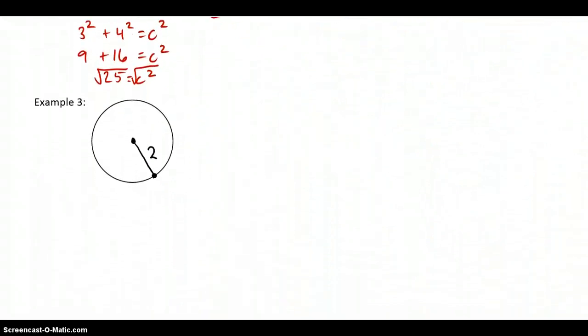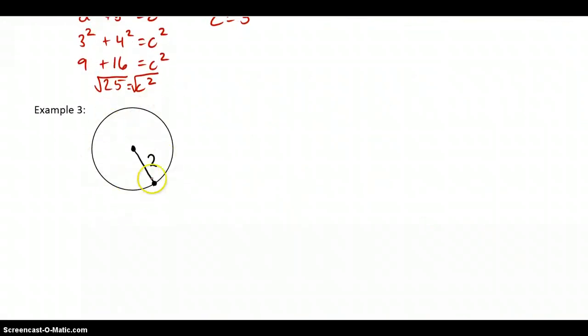In example 3, I have a completely different figure. I have a circle. So to find the perimeter of the circle, I need to find the length of the line that bounds my figure. Well, to find the perimeter of a circle, I really need to find its circumference.